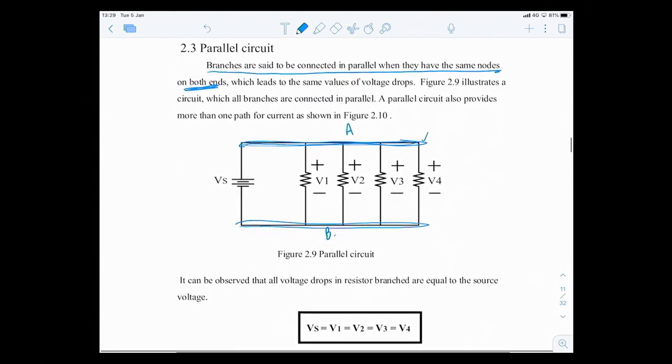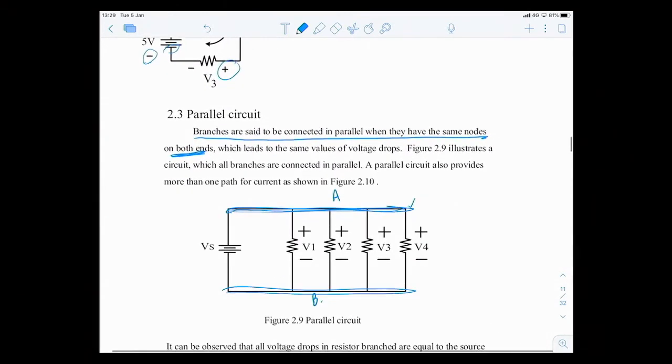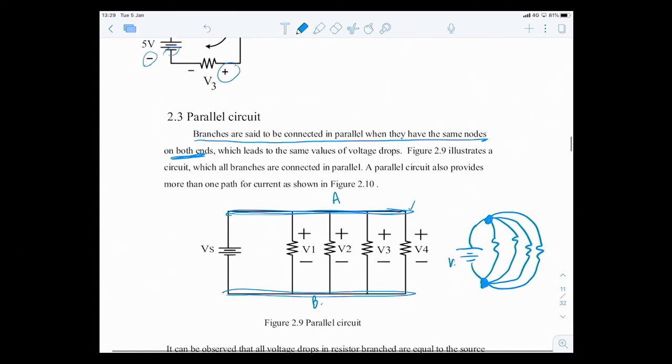If you want to draw this, you can draw it like this also, if you want to see it more like a node, it's the same thing. How many are there? 4. It's like this. So this is Vs, this is V1, this is V2, this is V3, this is V4.